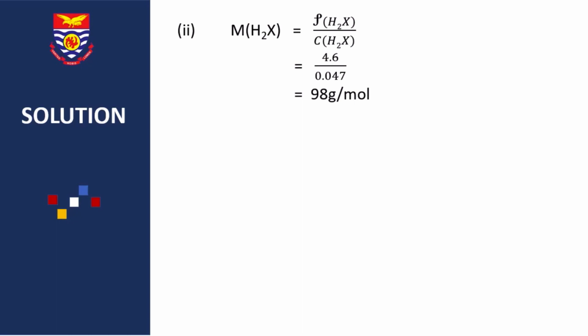So molar mass is given as mass concentration over amount concentration. Thankfully, we have the mass concentration, which was given in the question, and the amount concentration is what we found to be 0.047. A substitution into the relation gives us 98 grams per mole. So that is the molar mass of the dibasic acid.